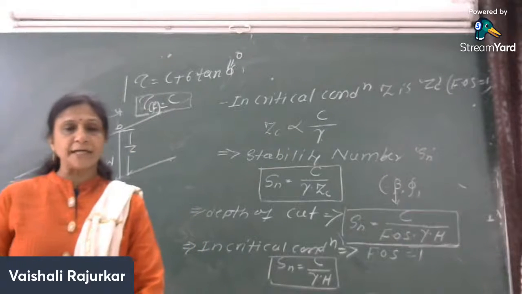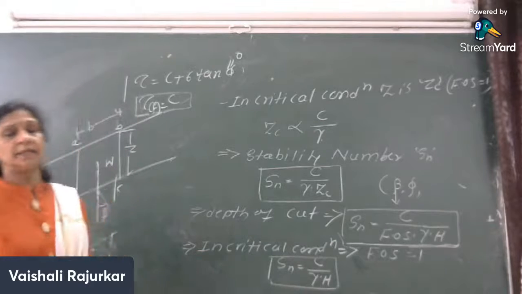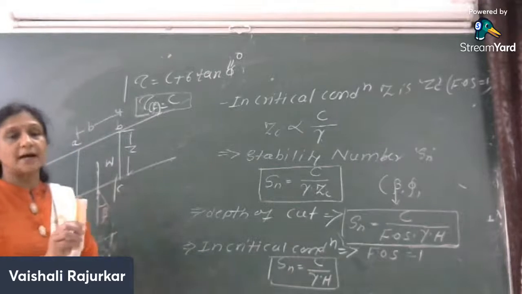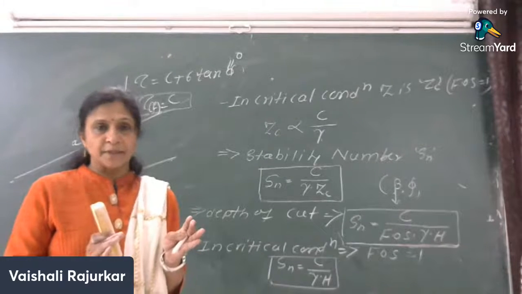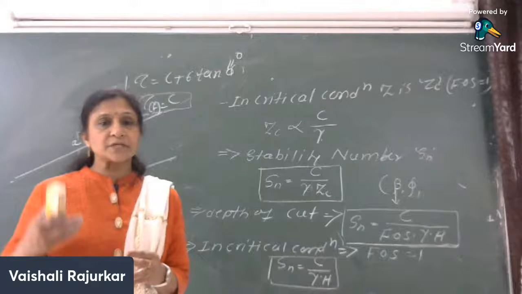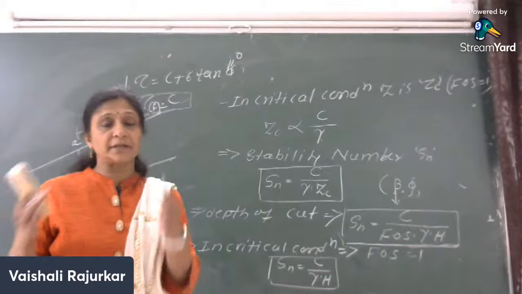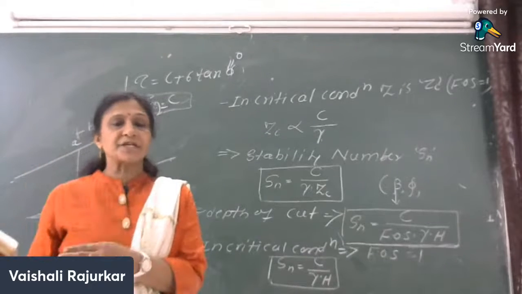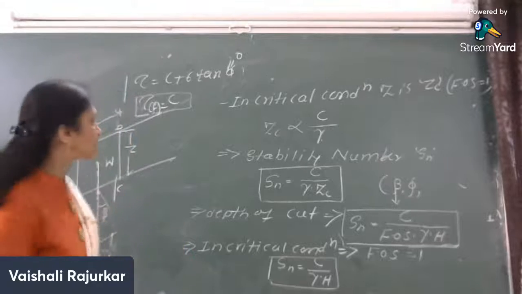Now the third part, when the soil is a C-phi soil. Mainly in nature, the soils existing are a mixture of sand and clay. In that case, it will be considered as C-phi soil, where the equation of shear strength is tau is equal to C plus sigma tan phi, where the cohesion as well as the friction is in the soil.